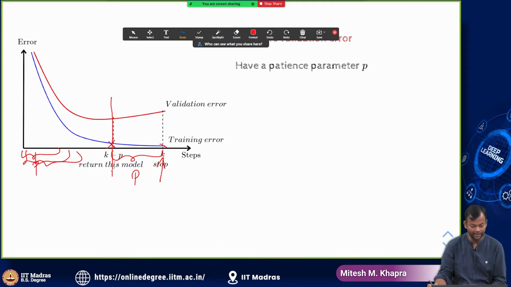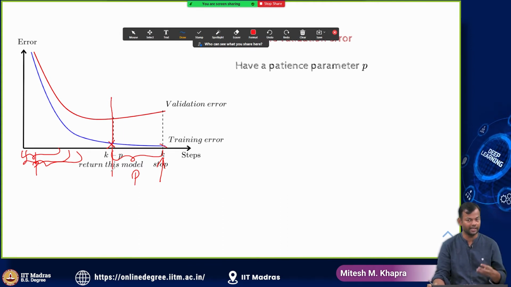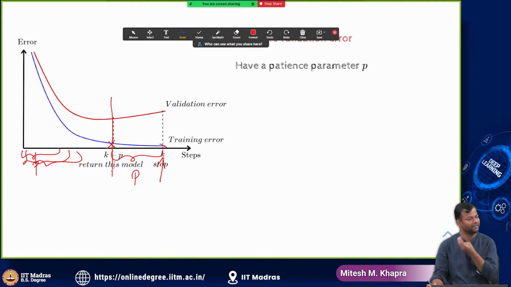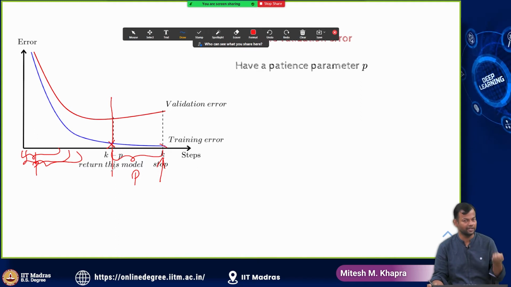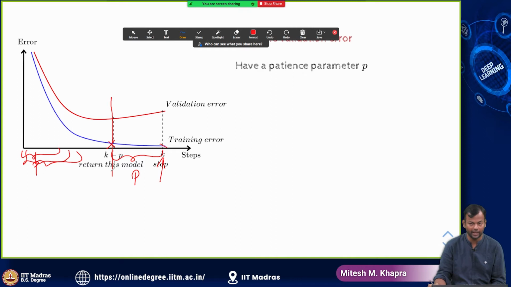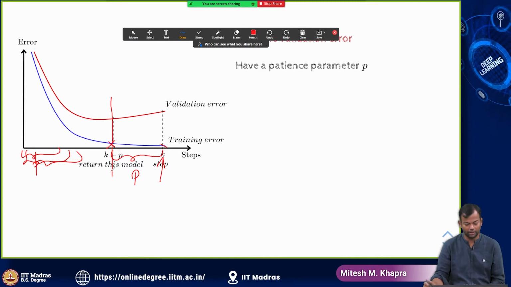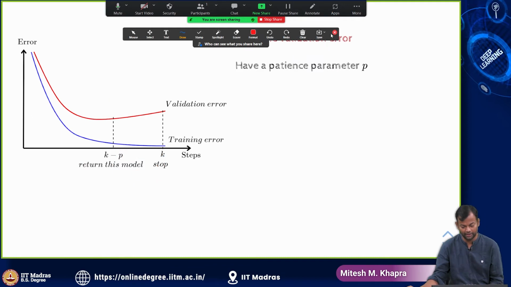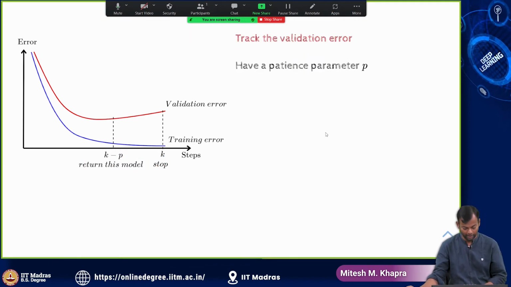So that's what early stopping does. It has this patience parameter, and I'm stopping training early. I'm not allowing it to keep running till it drives the training error to 0, because I know there's a consequence that it will overfit on the training data and my validation error would be high, and I've defined this window of P over which I keep tracking the validation error. So that's all that you do in early stopping.